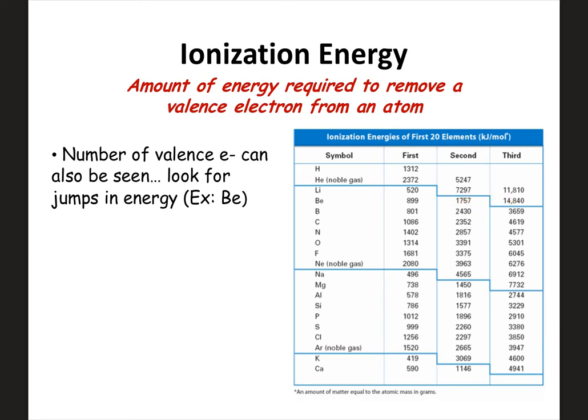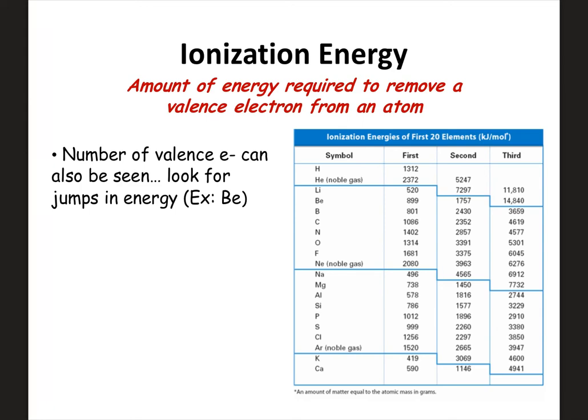What that's saying is beryllium gave up one electron, and it took some energy. Then it gave up a second electron, and it took more energy, which is to be expected. But in order to give up the third, it took a lot more energy. That's trying to show that beryllium really didn't want to give up that third electron.